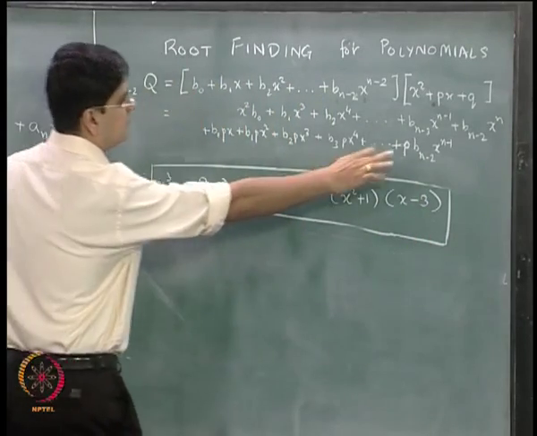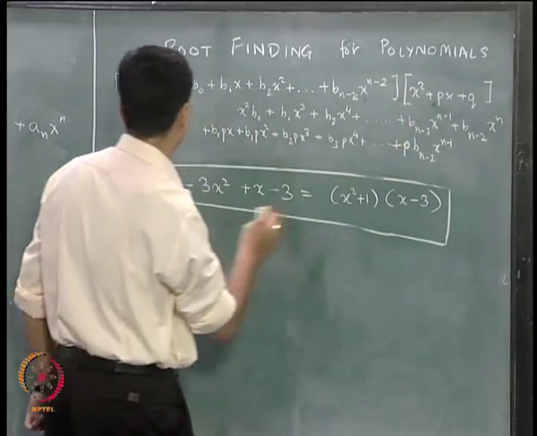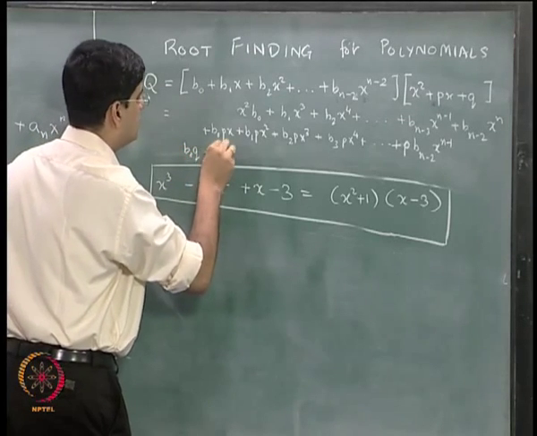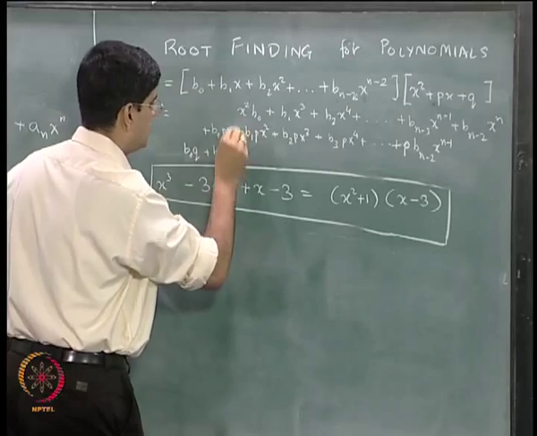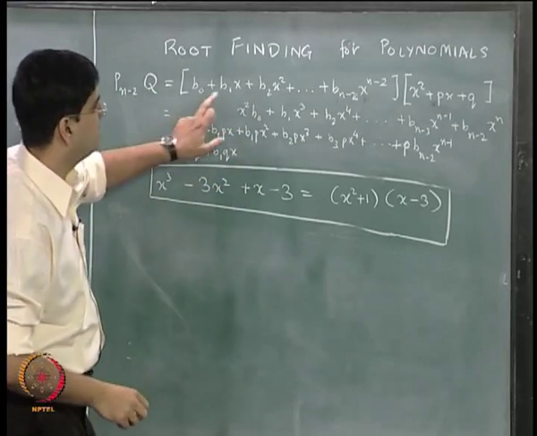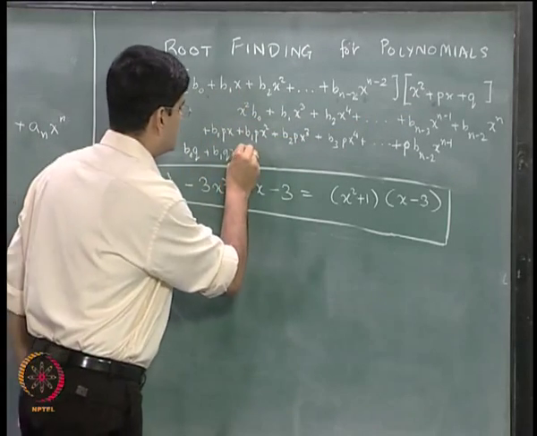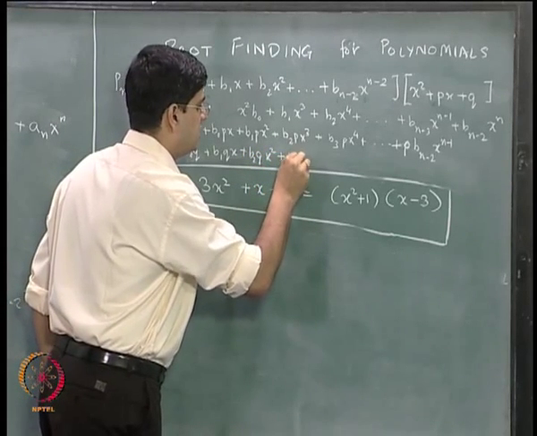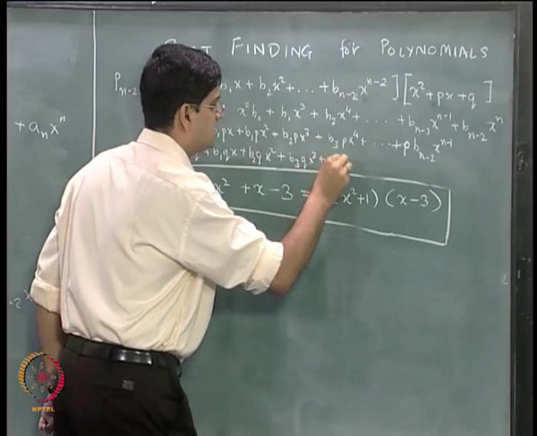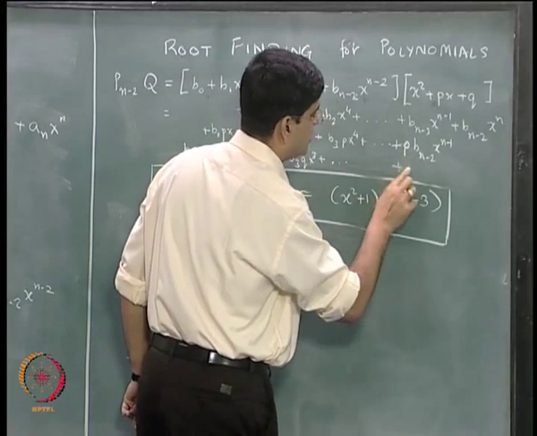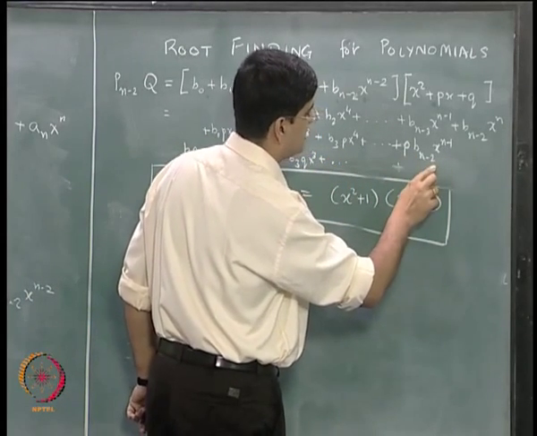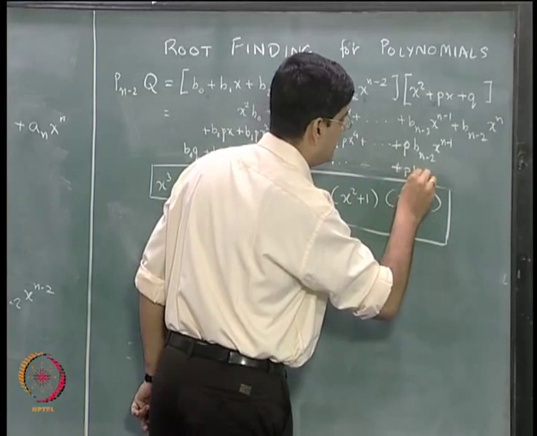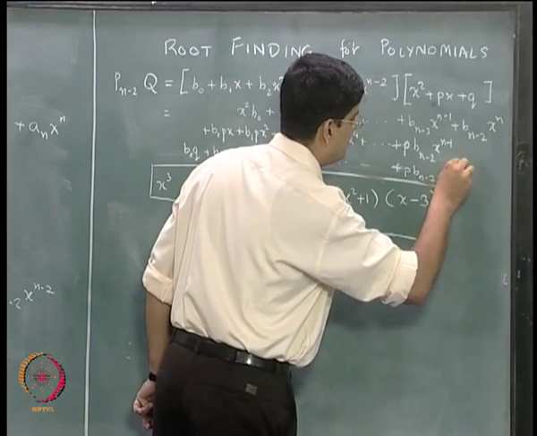And then we multiply q with all of this, and so we will have b0 q plus b1 q x plus b2 q x square plus b3 q x cube plus so on up, and there will not be an x to the power n minus 1 term over here. We will end up with a b n minus 2 q multiplied by x to the power n minus 2 term.